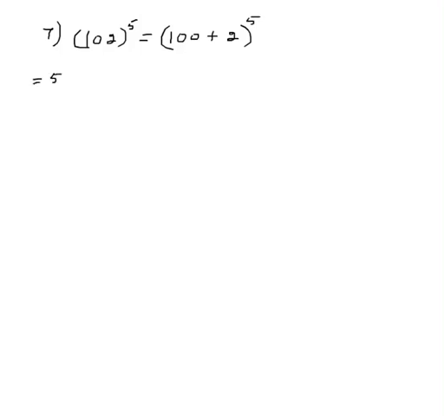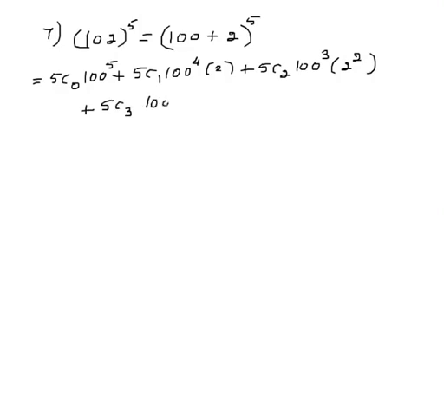Let us write the expansion. 5c0 100 raised to 5 plus 5c1 100 raised to 4 times 2 plus 5c2 100 raised to 3 times 2 square plus 5c3 100 square and 2 cube plus 5c4 100 times 2 power 4 plus 5c5 2 raised to 5.